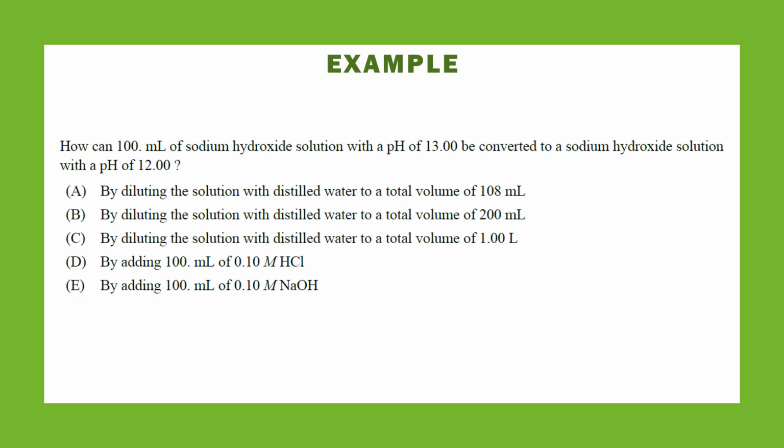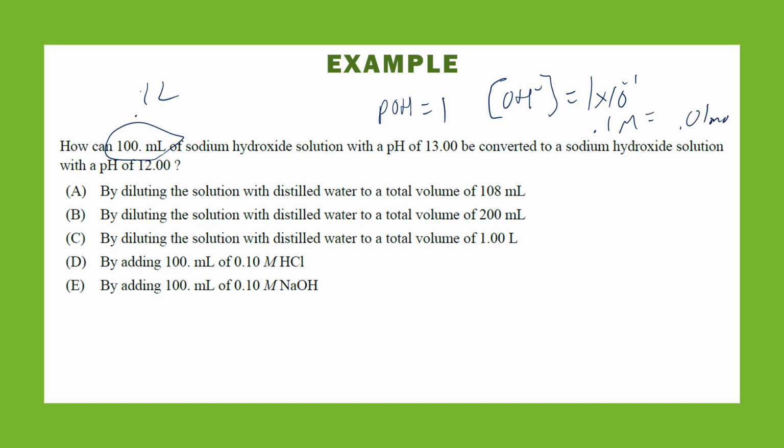So if I have a pH of 13, that means my pOH is 1, and that means my OH concentration is 1 times 10 to the negative 1, or 0.1 molar. I have 0.1 liters of sodium hydroxide, so that means I have 0.01 moles present.